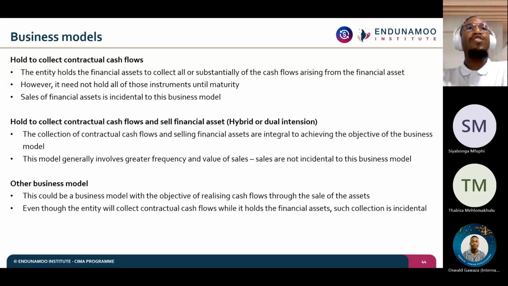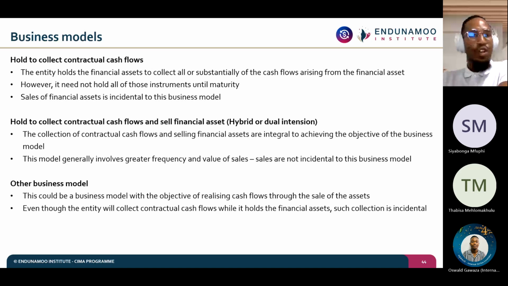However, it need not hold all of those instruments until maturity. So you could have a scenario where you are holding all of these financial assets or loans to collect payments from your debtors up until the end of the debt period or up until close to the debt period.